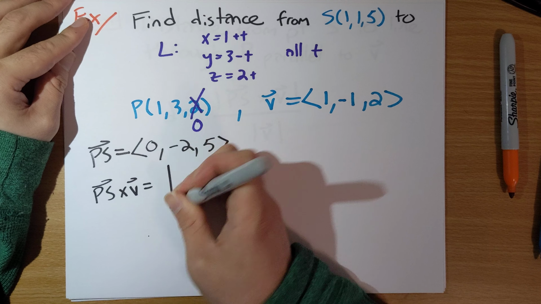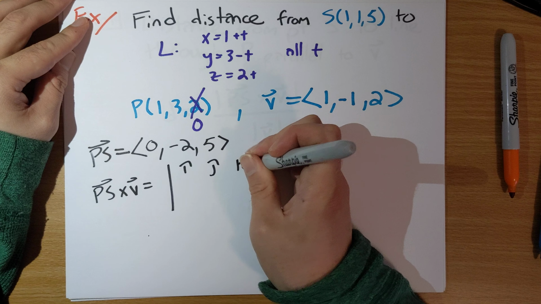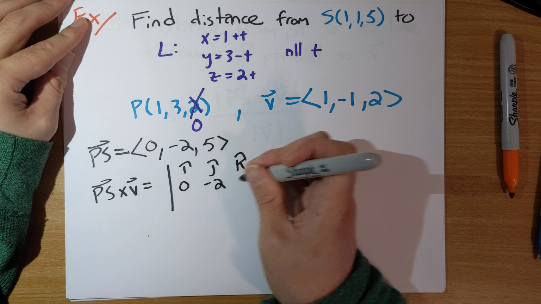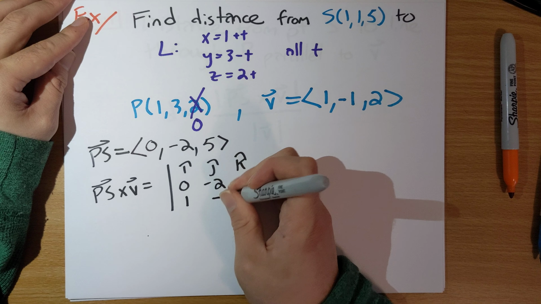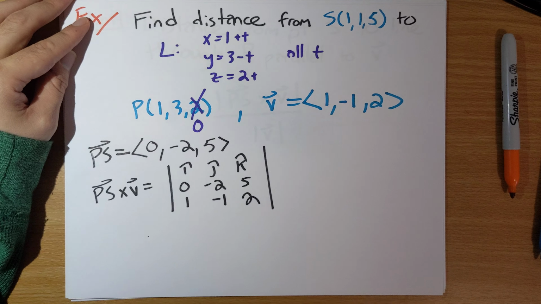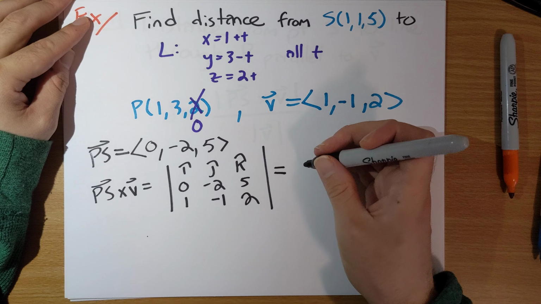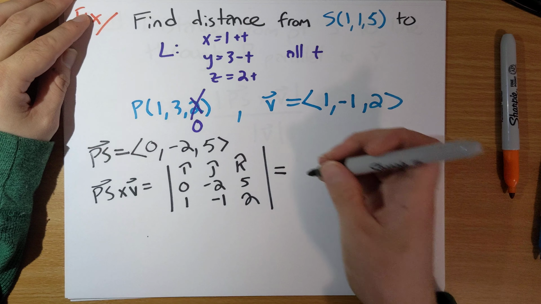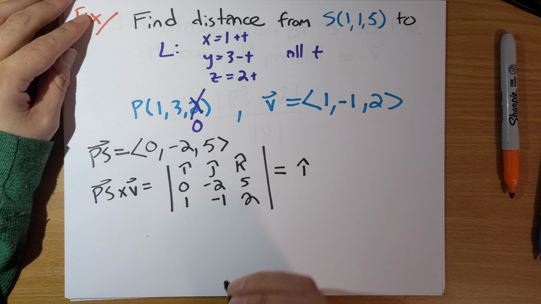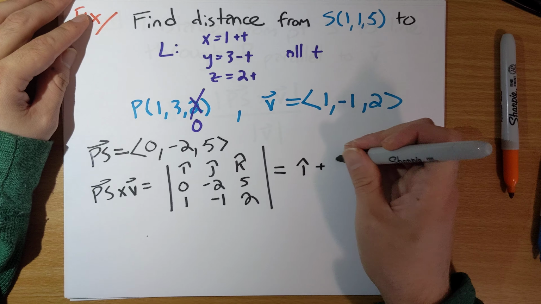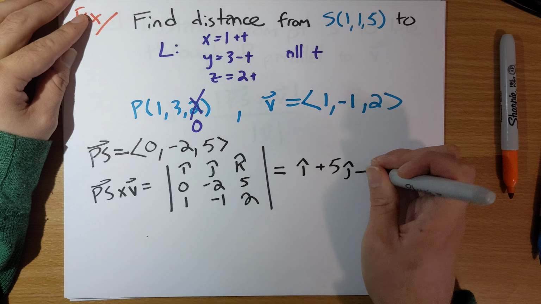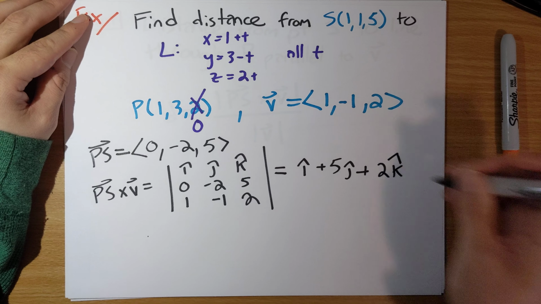PS cross V: i hat, j hat, k hat, 0, -2, 5, 1, -1, 2. And this crunches out. I'm going to skip the details. I encourage you to check this for yourself. But this crunches out as i hat plus 5 j hat plus 2 k hat.